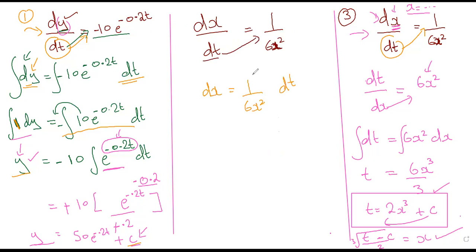You can't integrate x with respect to t, right? So, in all the previous examples, we had t here, so when we were taking dt to that side, things were clear. We were automatically able to integrate it with respect to t. But this time we have t here and x here.